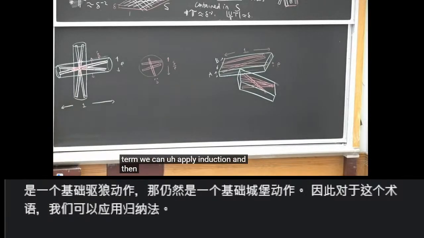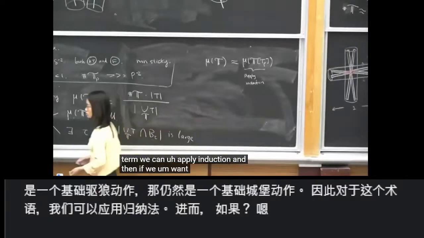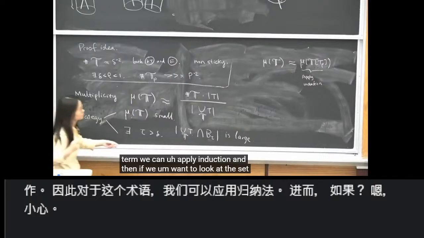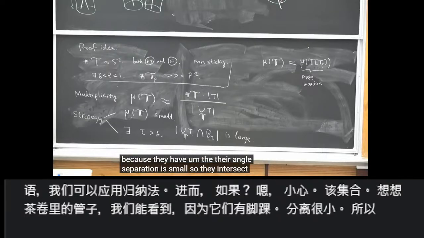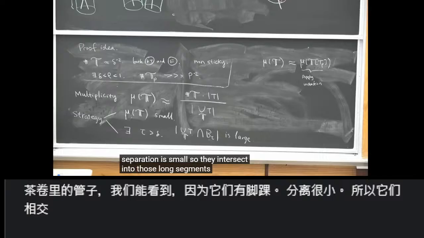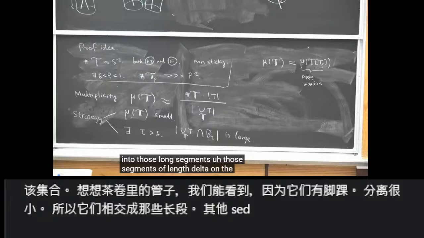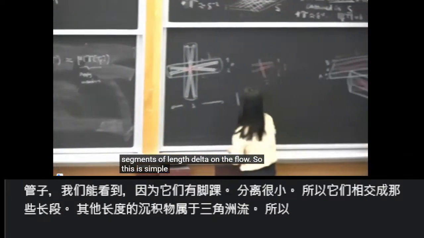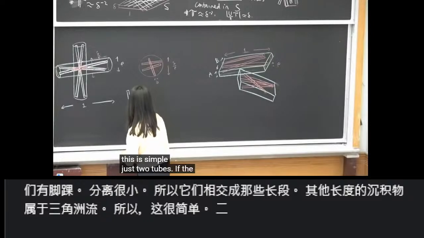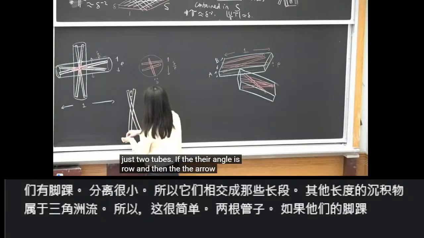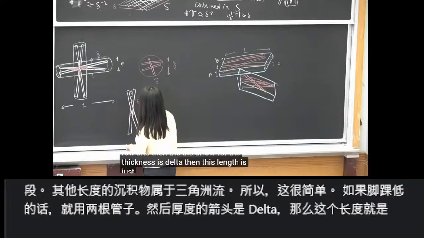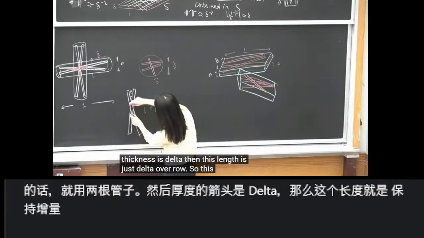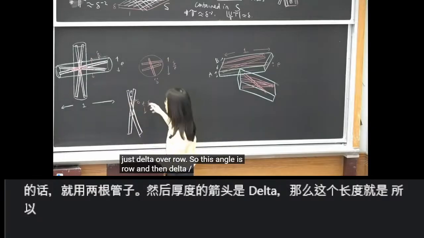And if we look at the set of thin tubes in T rho, because their angle separation is small, they intersect in those long segments of length delta over rho. This is simple, just 2 tubes. If their angle is rho, and the thickness is delta, then this length is just delta over rho.